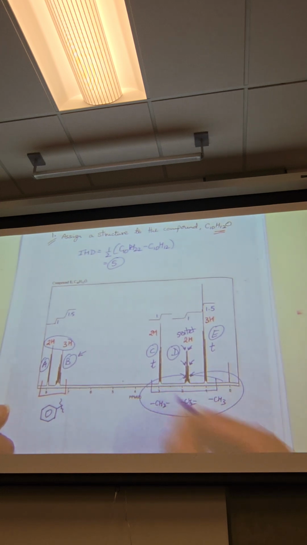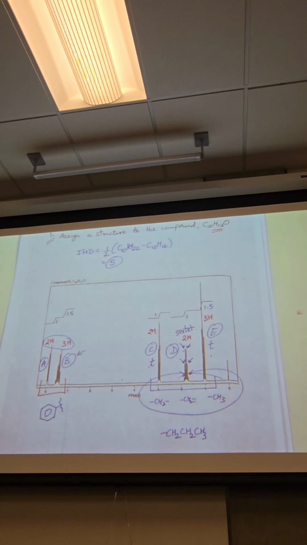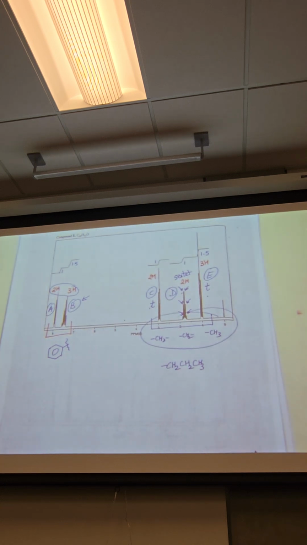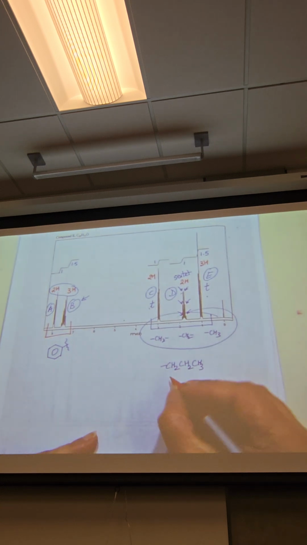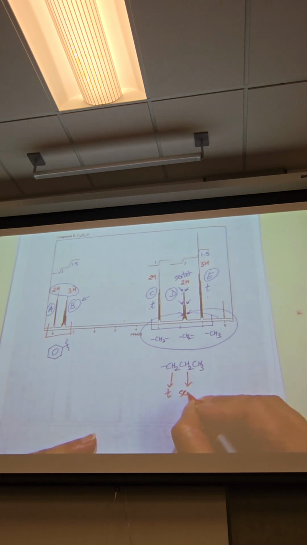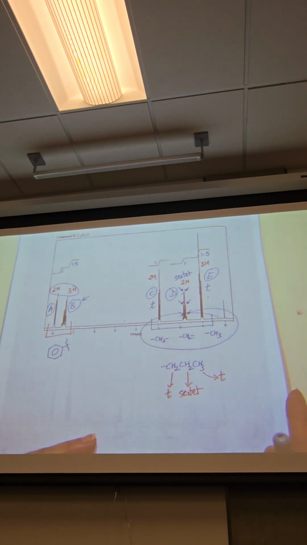Whenever you see the pattern triplet, sextet, triplet, it has to be a propyl group. That's the only way to get that to be a triplet and this to be a sextet.